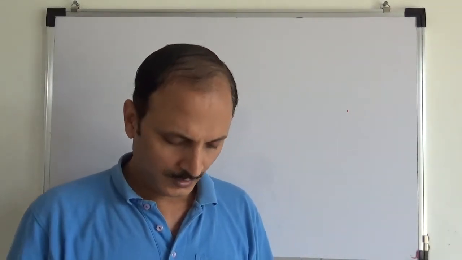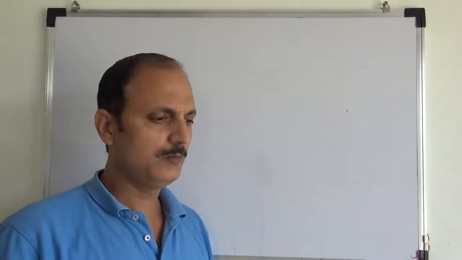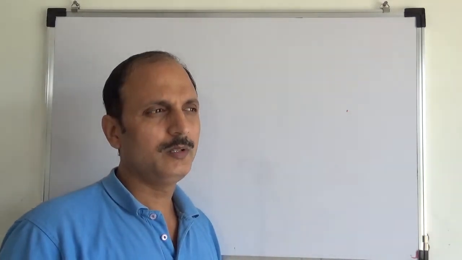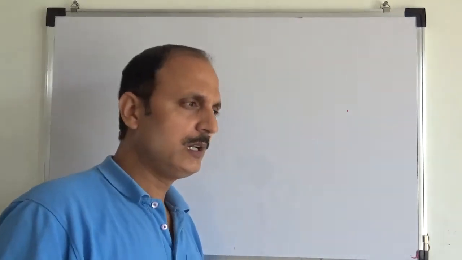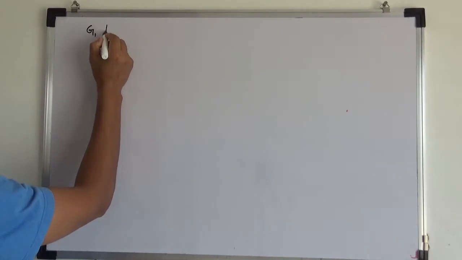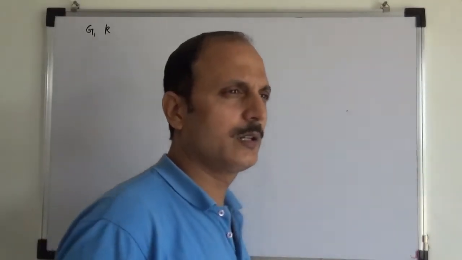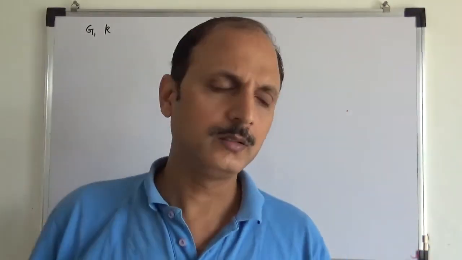So let's start. Today we'll go for variation, meaning the effect of dilution. So give the heading: effect of dilution on G, electrolytic conductivity, K specific conductivity.